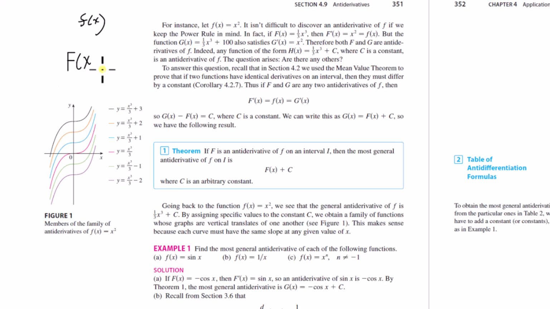So if this was x squared plus 100, then the capital F of x is 1/3 x cubed plus 100x. The derivative of this is x squared plus 100, right? These terms have x's in them.